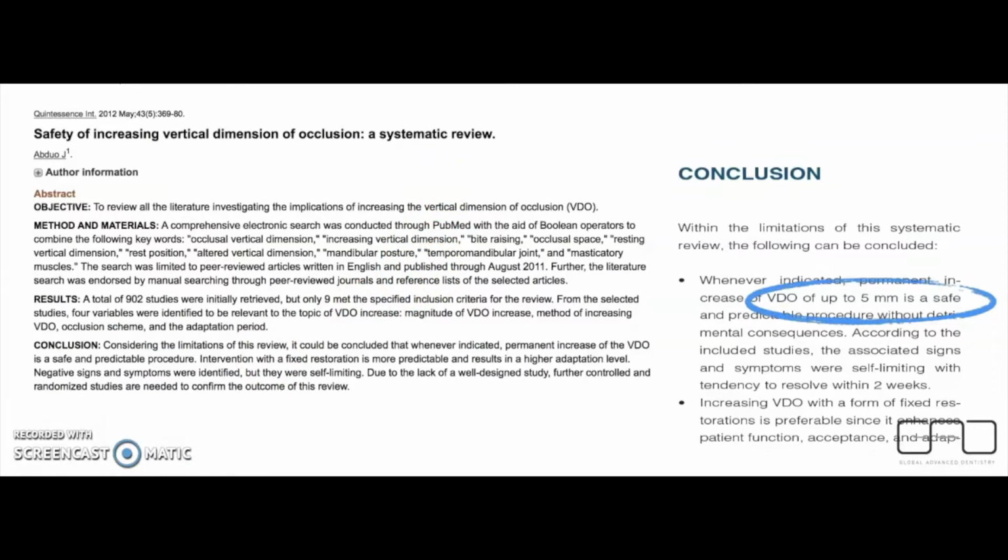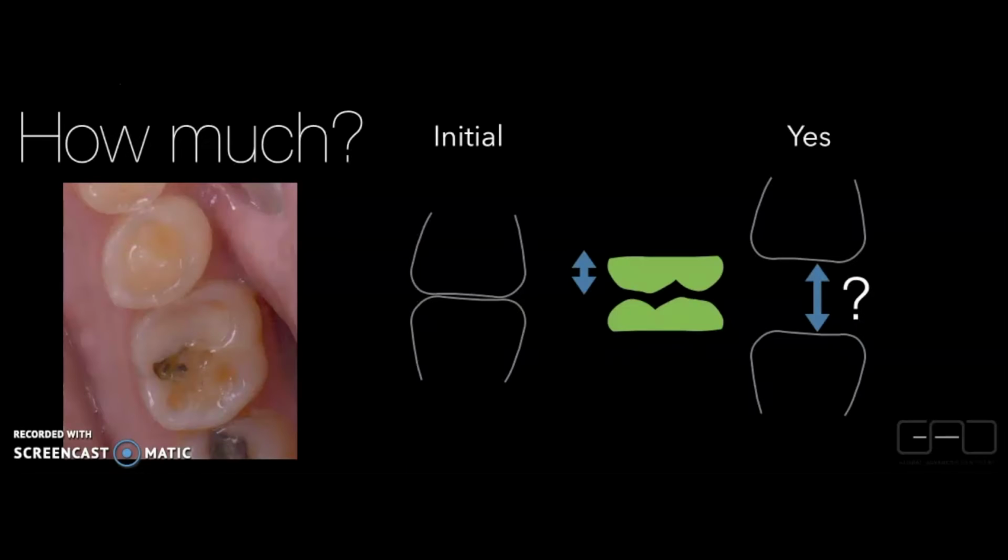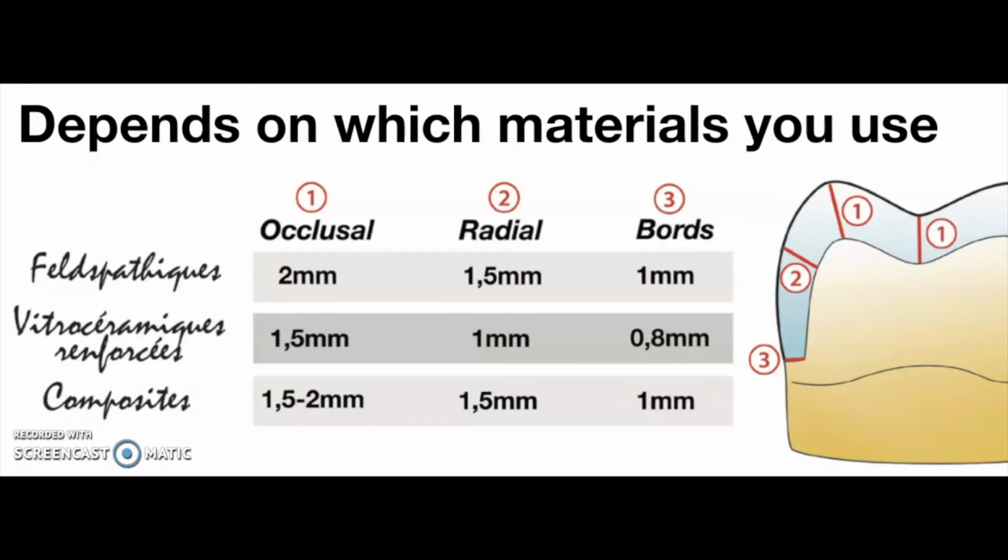So this is probably one of the best articles. And the question is, do I increase 1, 2, 2.5, 3, 5 millimeters? How much do I have to increase? And the answer depends on which material you use.